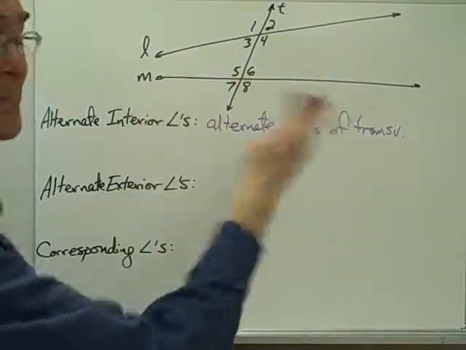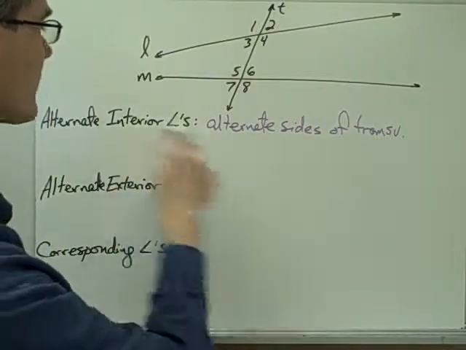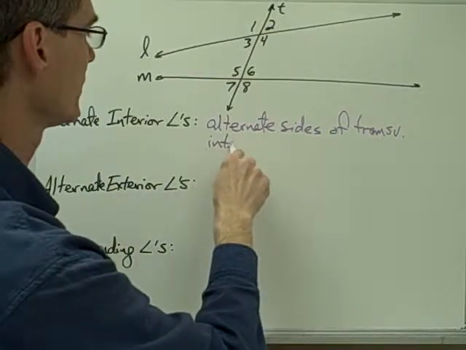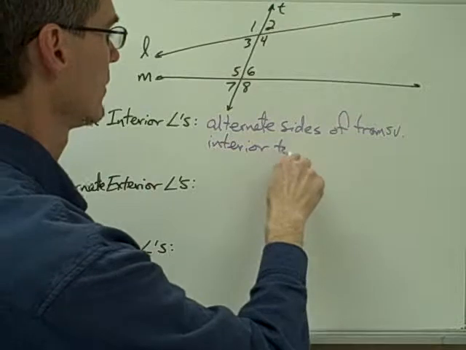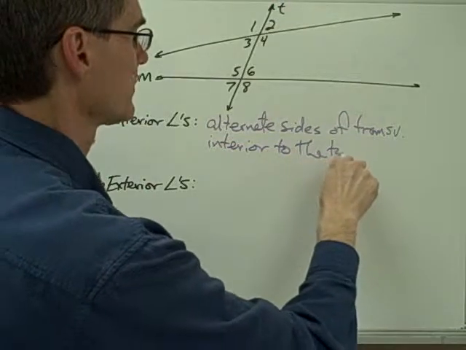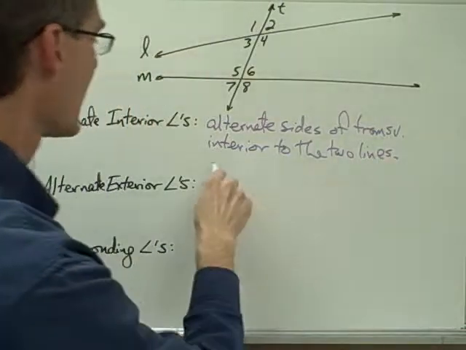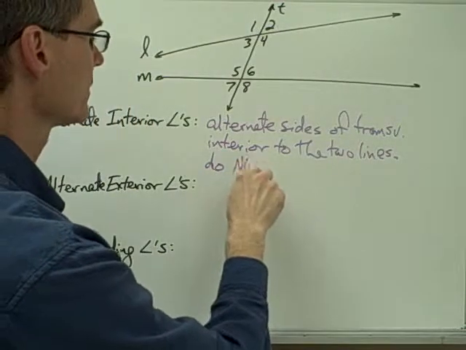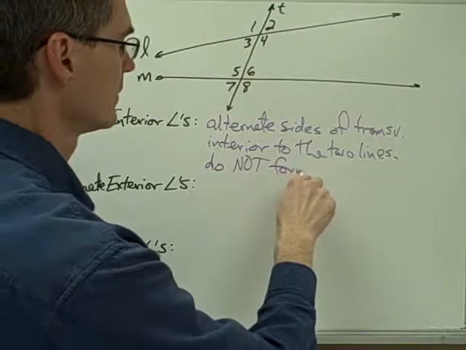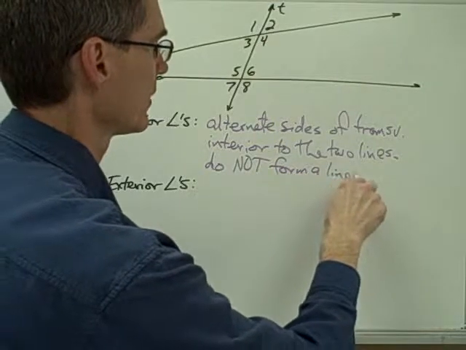Alternate meaning opposite sides of the transversal. They are going to be interior to the two lines. And once again, they do not form a linear pair.